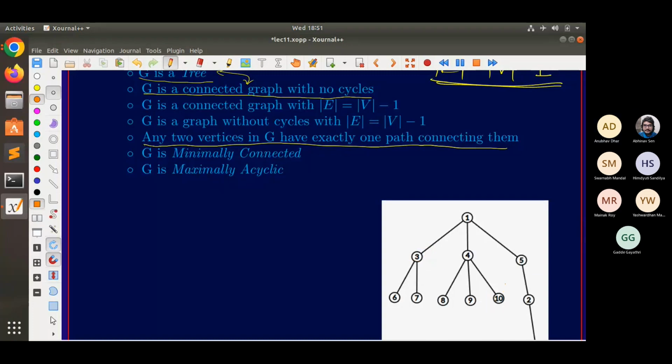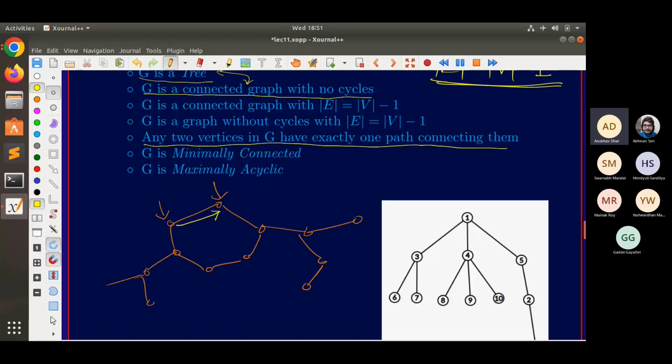Okay. And how do you prove that there are no cycles? Well, you assume that there is some cycle, then you just take, let's say, two adjacent nodes in the cycle. The graph may be larger, and you observe that the direct edge from this node to this node is one path, and the rest of the cycle, taking the edges in order, let's say counterclockwise in this direction, is also another path.